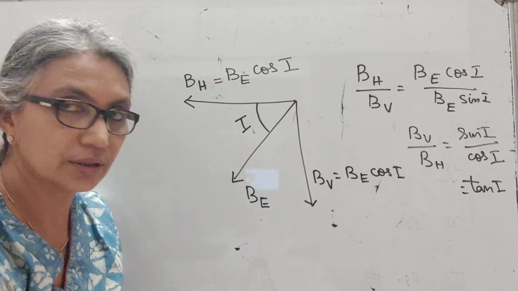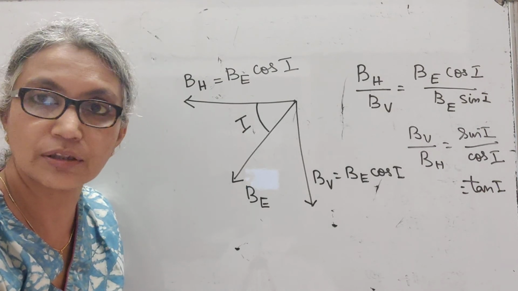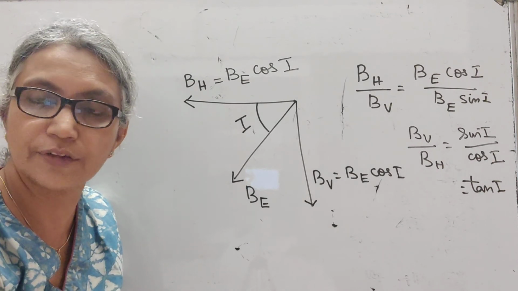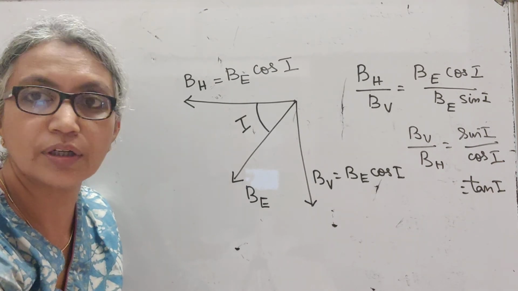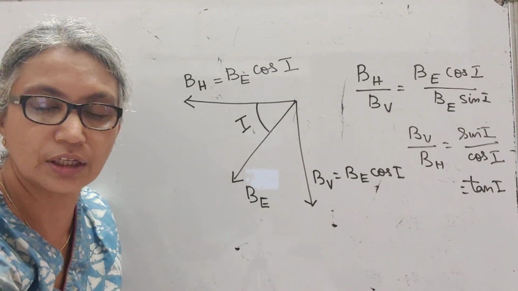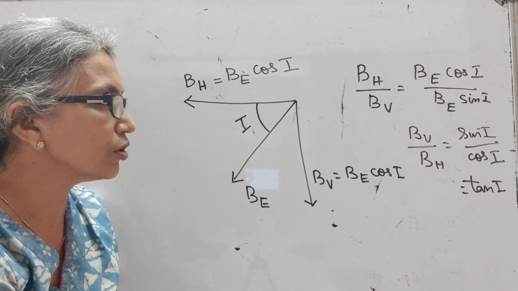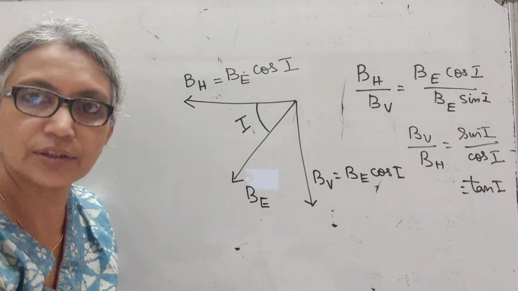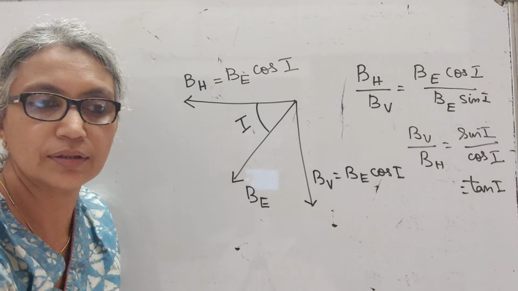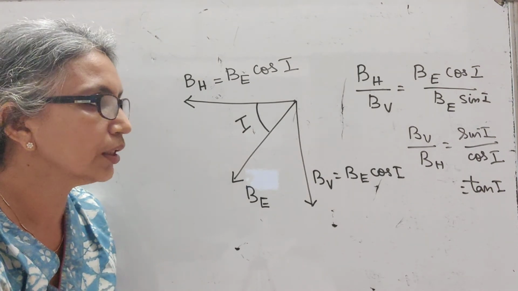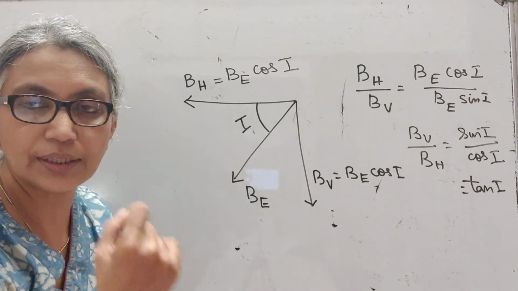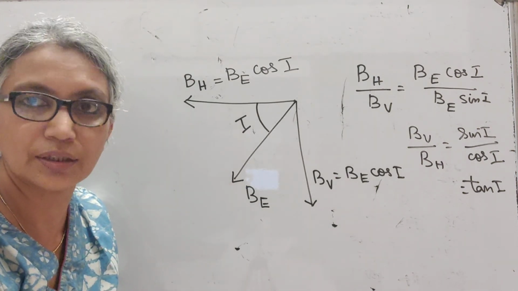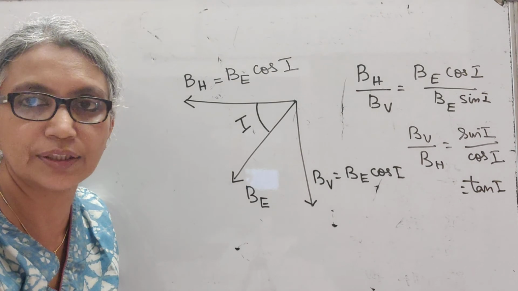In this chapter we started with proving that a circular coil carrying current behaves like a magnetic dipole. Then we derived an expression for the dipole moment of a revolving electron. Then we showed that a solenoid also behaves like a magnetic dipole. Then we went into the Earth's magnetic field, the three elements required to find the direction and magnitude of the magnetic field at a place.